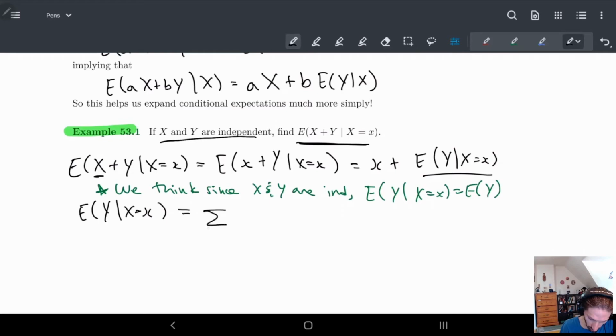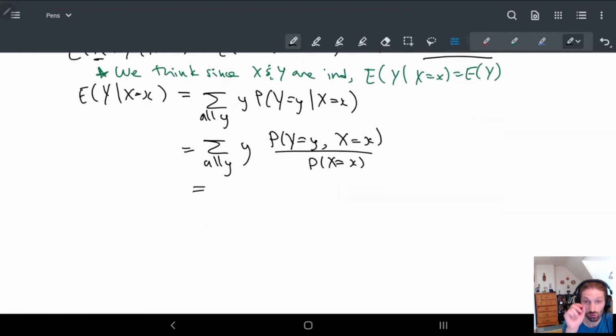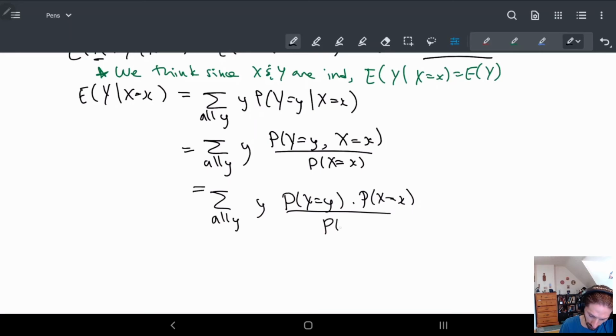By definition, we're going to look at the sum over all y of y times P of Y equals y given X equals x. Here, you can right away notice that I can remove the X equals x. But if you don't, you can plug this into our conditional probability formula to get this. At this point, you can use independence to split them apart: y times P of Y equals y times P of X equals x, over P of X equals x.